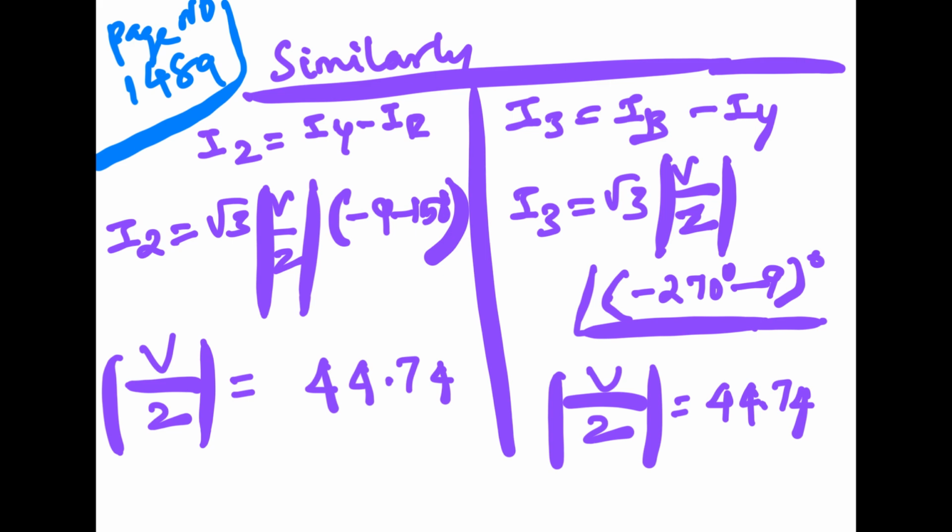Similarly, I2 is IY minus IR, I3 is IB minus IY. The I2 formula is root 3 modulus of V divided by Z angle of minus phi minus 150 degree, and I3 is root 3 modulus of V divided by Z angle of minus 270 minus phi. Put V divided by Z modulus value as 44.74.